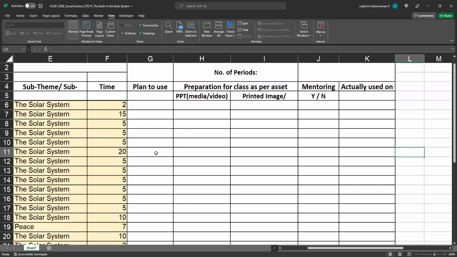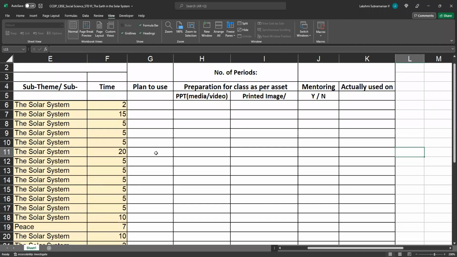Now that somebody can be a senior teacher from your own school, or it could be a resource from Vidyavahini, right? Even if you have to catch hold of some senior teacher from your school, you cannot catch the teacher when you are in the classroom transacting the activity, right? So when you prepare yourself and read through the suggested activity, you decide, yes, there is something here which is confusing for me.